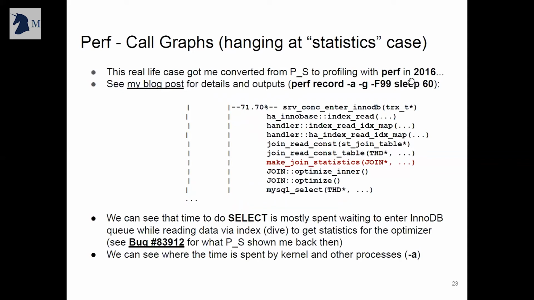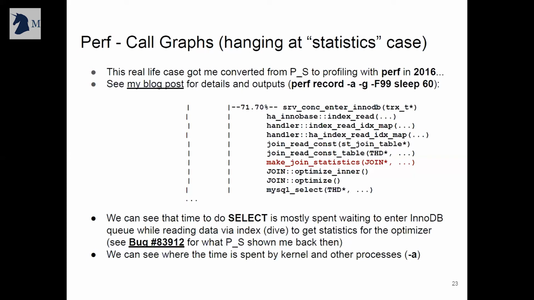So here is an example that got me converted to perf instead of Performance Schema once and for all. This example is a real-life use case from 2016, where in a complex high-loaded Galera cluster, on one of the nodes that executed a lot of updates, simple selects by primary key, single row by primary key, sometimes spent 10 seconds, 15 seconds, 30 seconds doing something on the high load while updates proceeded.